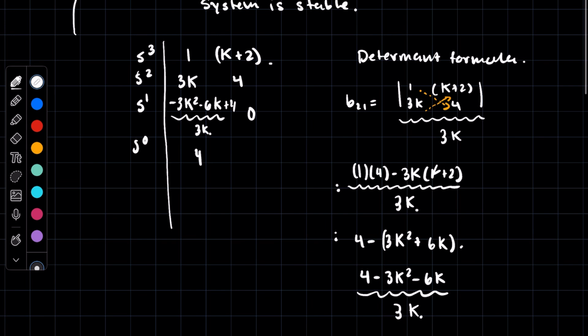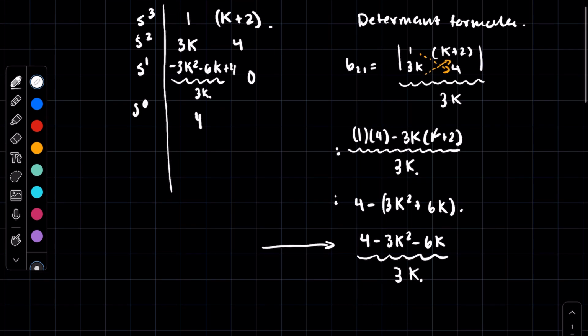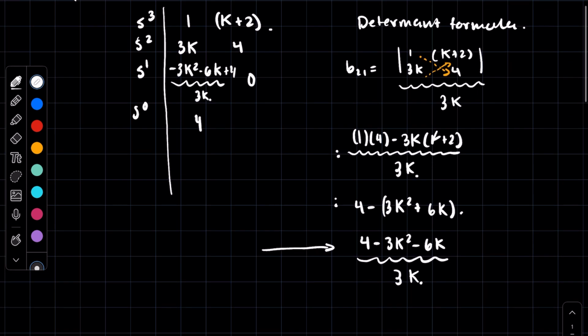We're going to be finding this k, and the way we're going to be doing it is by looking at the column of the array that we just found, and using the quadratic formula to determine the roots for this.